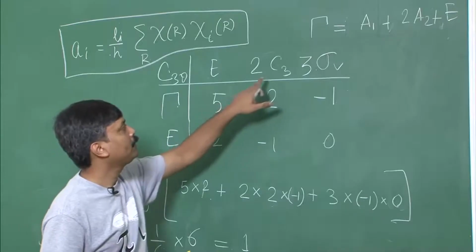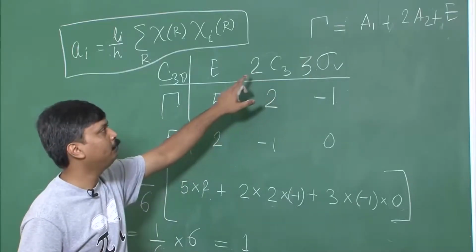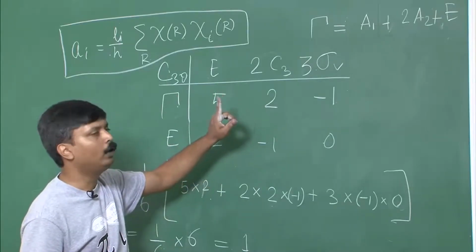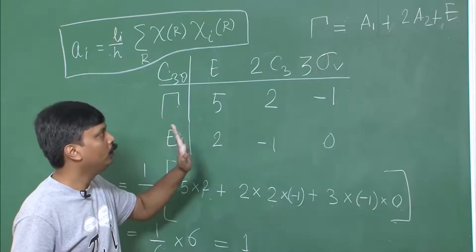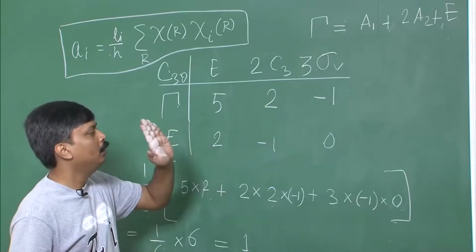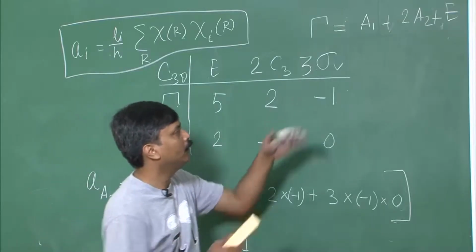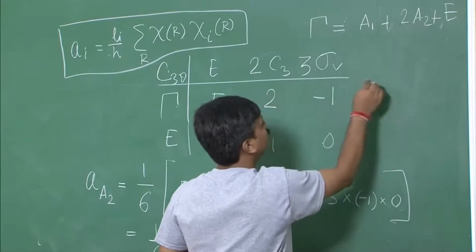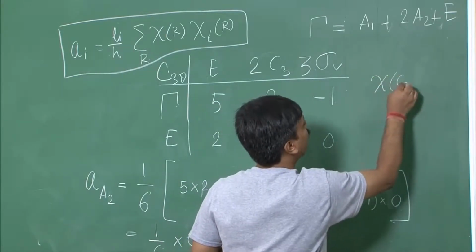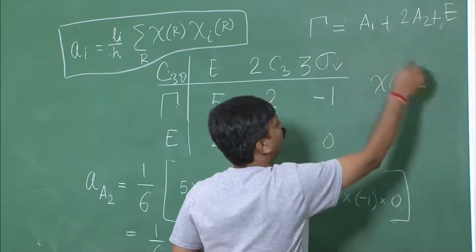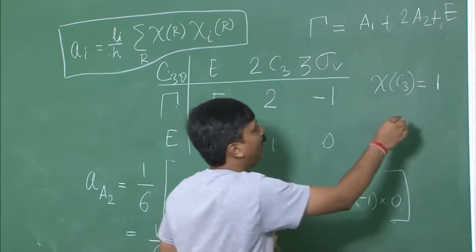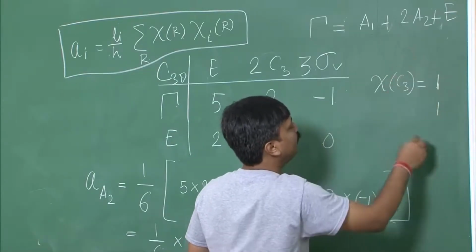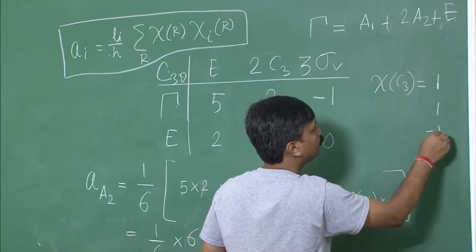If you check for C3, for A1 it is 1, for A2 also it is 1, and for E it was minus 1. So corresponding to C3, the character for C3 equals 1 for A1, for A2 it is again 1, and for E it is minus 1.